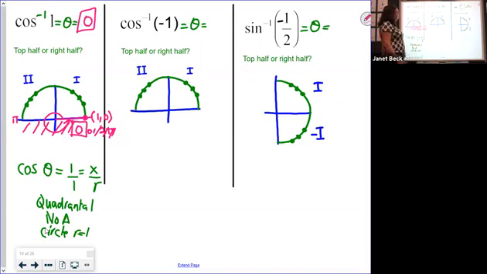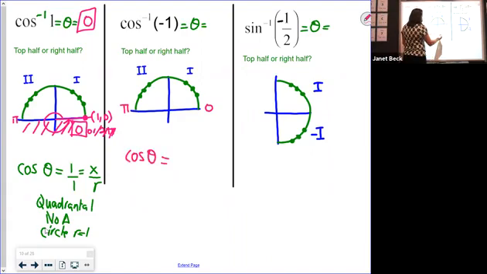This one, cosine inverse of -1, will be an angle somewhere between 0 and pi. Just rewrite that as the cosine of some angle I don't know yet is negative 1. Well, that ratio is x over r.